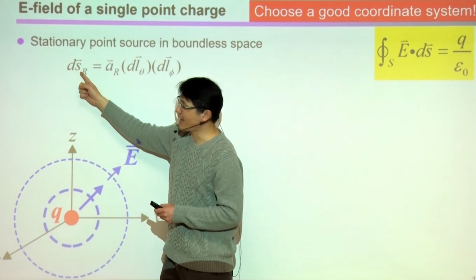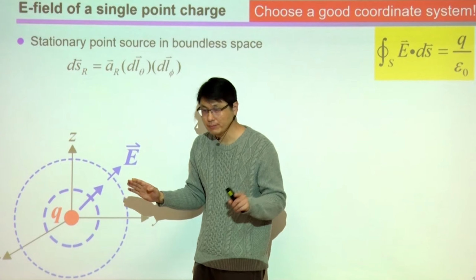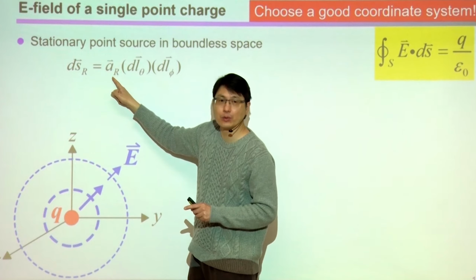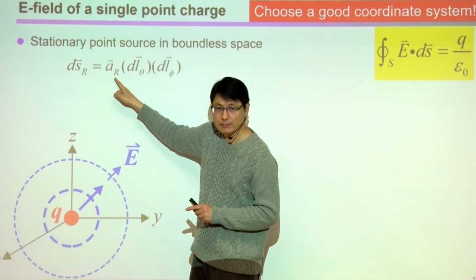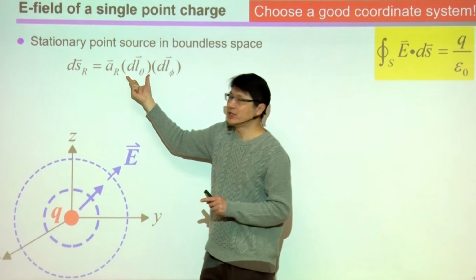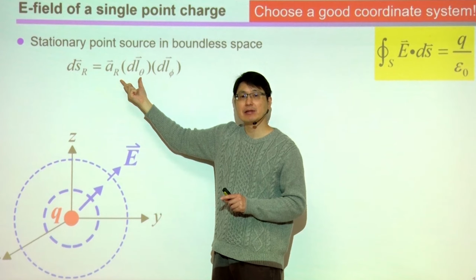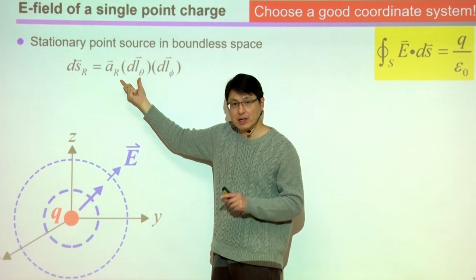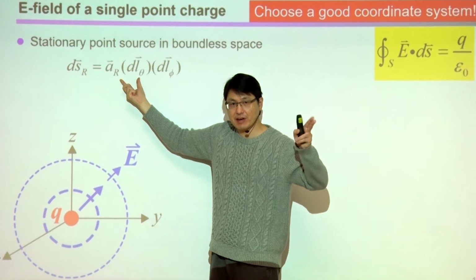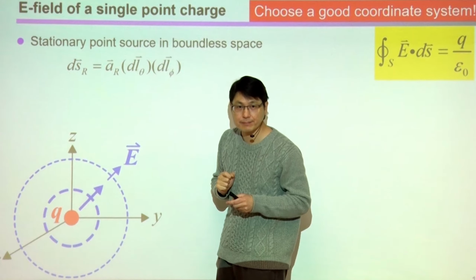So this dS, the differential surface, is a vector. It should be pointing in the radial direction. Once the direction is radial, its area must be determined by the differential lengths of the other two unit vectors, dl theta and dl phi.